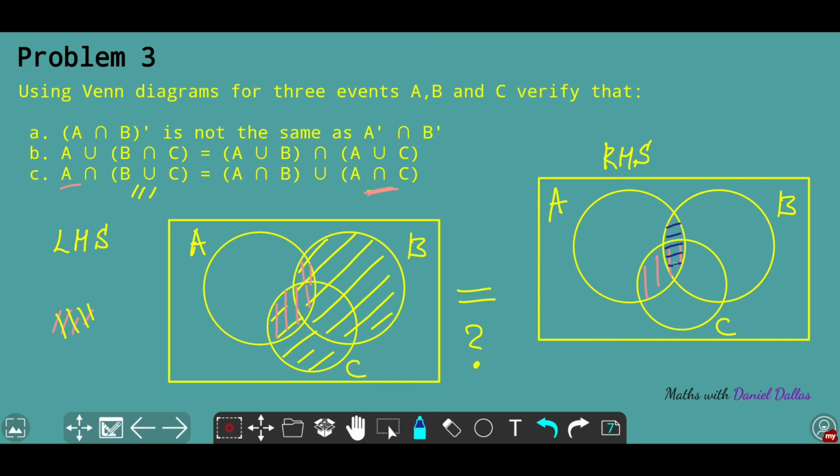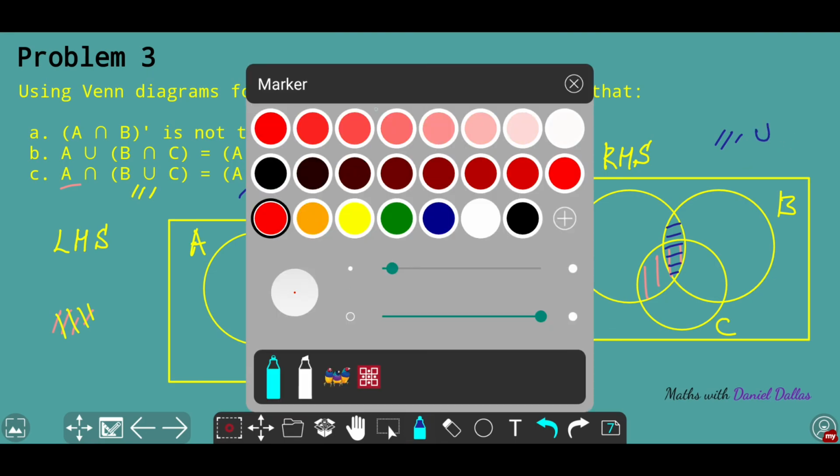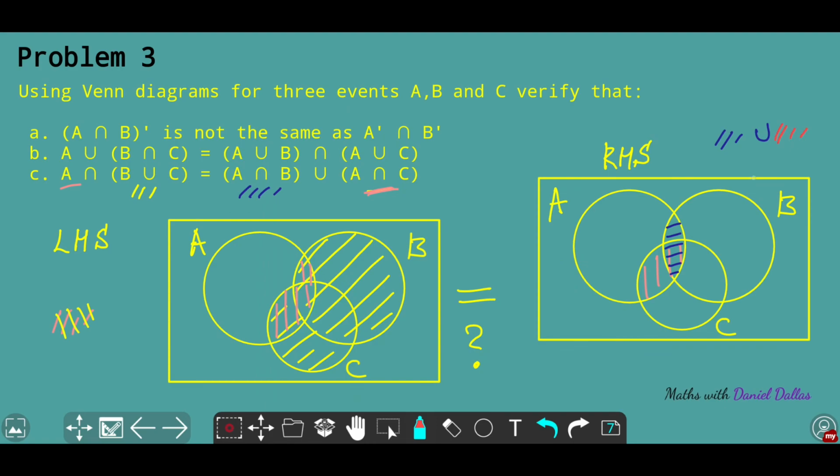Because we are going to unite them, we are going to consider both types of shading. So A intersect with B in combination with the red shading. Maybe it's proper to take this one. That's going to be a red or pink shading.